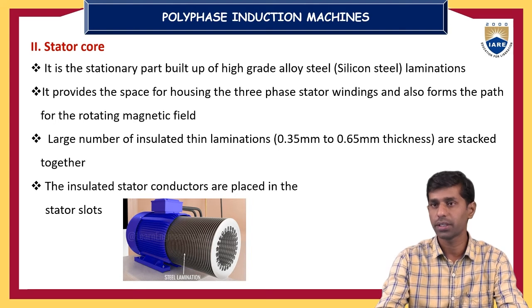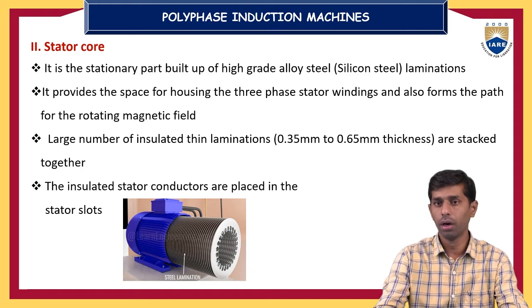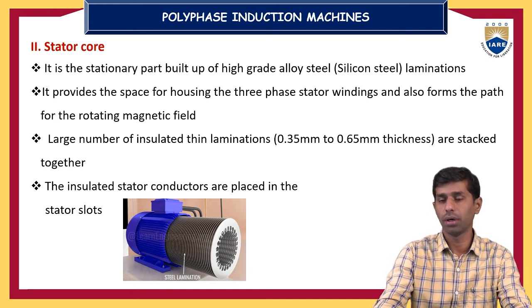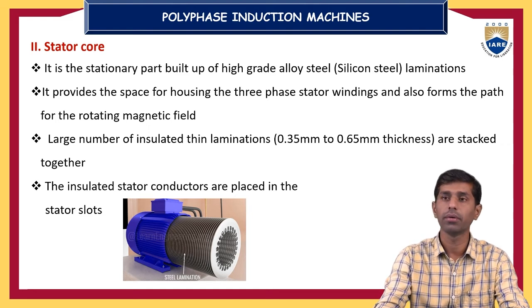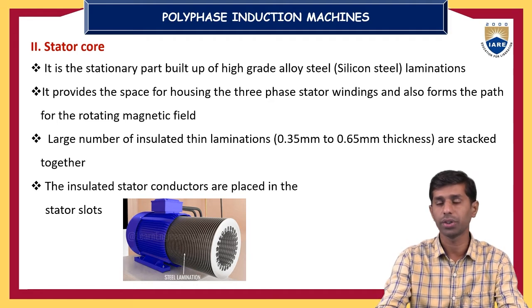Generally, the thickness of the laminations is inversely proportional to the frequency of the winding supply, and each of the laminations is insulated from the others with a paper insulator or any other insulating medium.